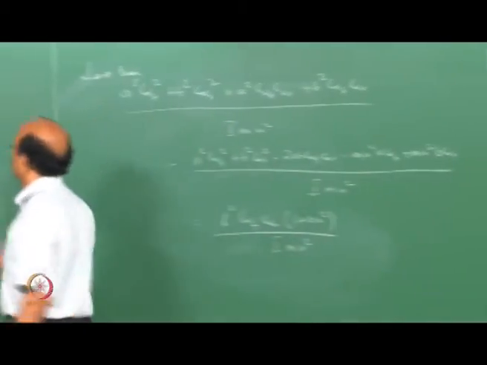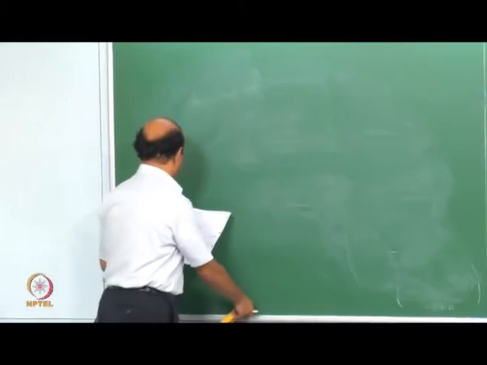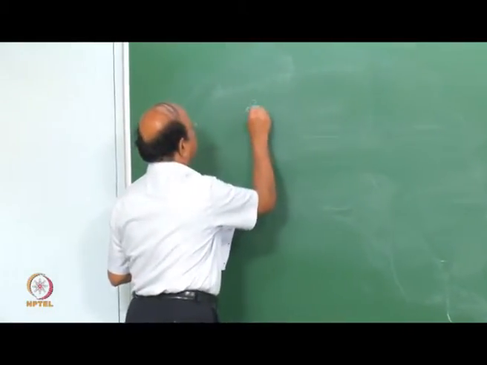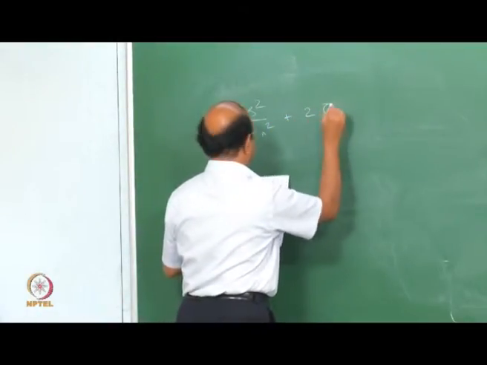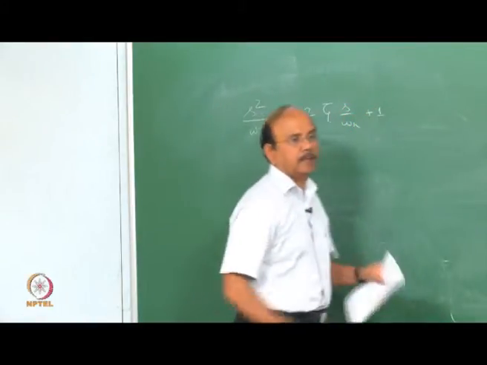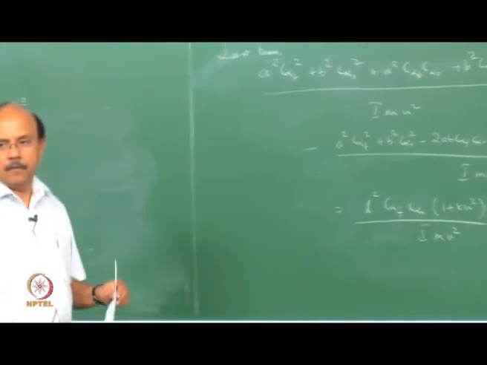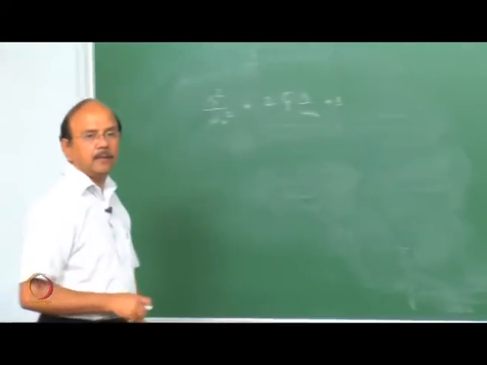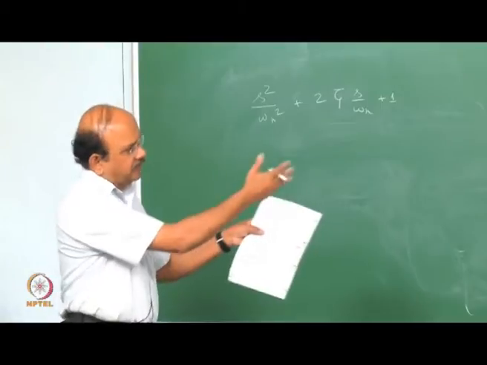I'm just going to write the final result, because I want to quickly get into the interpretation part, so that I can write this down as s squared by omega n squared plus 2 zeta s by omega n plus 1, in this form. Write that last term in this form, right? Anyway, that's equal to 0.